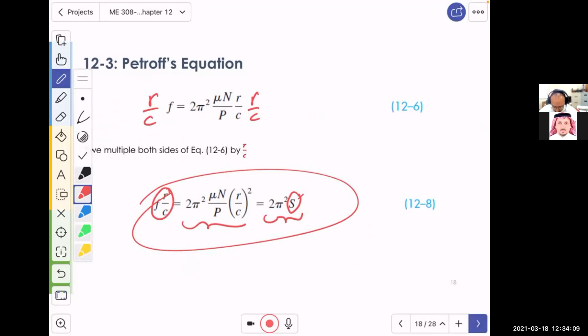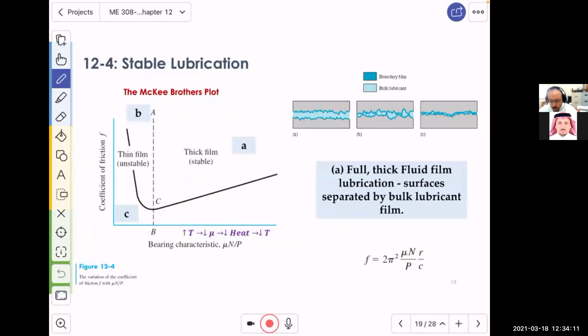So this is an interesting relation. Now, we know the friction. We're going to go step by step. The next class is going to be a little bit heavy in fluid mechanics, but we are going to go step by step.